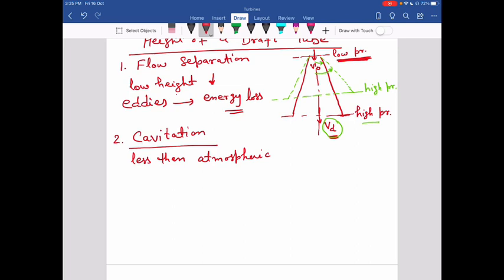Okay, now if you increase that height, then what happens? The pressure continuously goes on decreasing at the outlet.